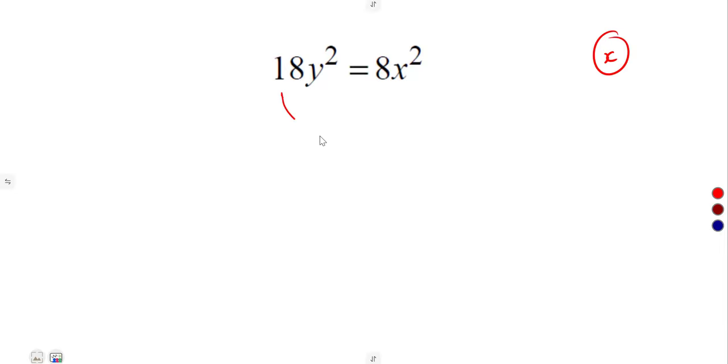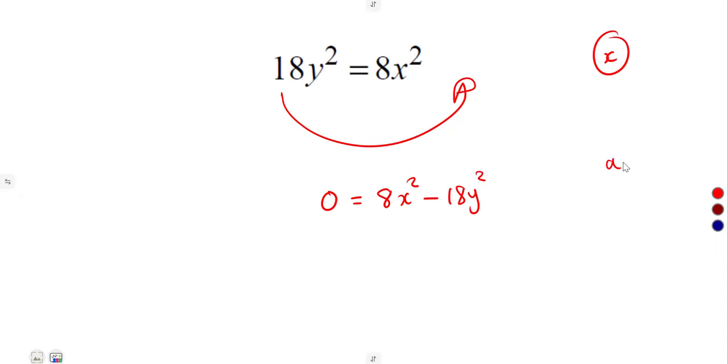So if I want to maintain the positive, it means I am going to take this to the right-hand side, which means it's going to be negative. 0 is equal to 8x squared minus 18y squared. Remember, if a is equal to b, it simply means b is equal to a.